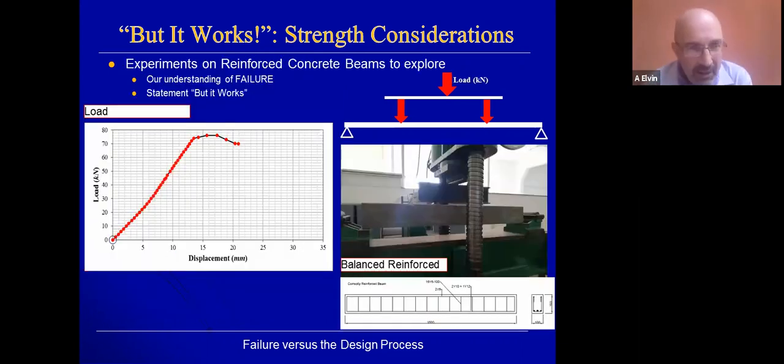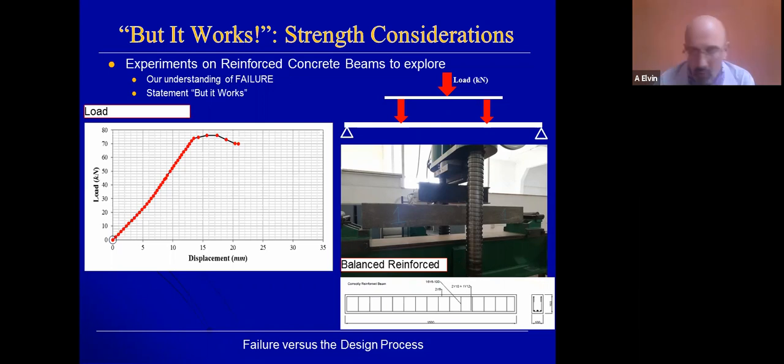Right, so somebody asked, and here's the answer. We're going to experiment on reinforced concrete beams because I would think that reinforced concrete beams are not plastic, right? They're made of a brittle material. Concrete is a brittle material. So let's explore our understanding of failure and let's explore the statement, "but it works."